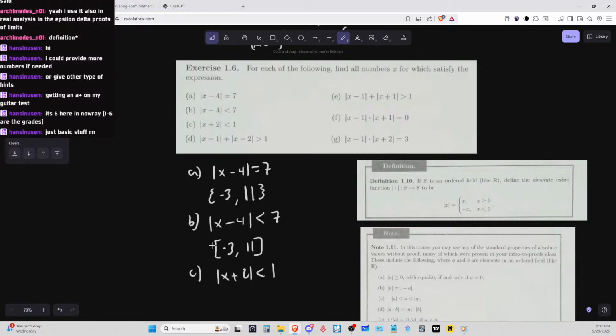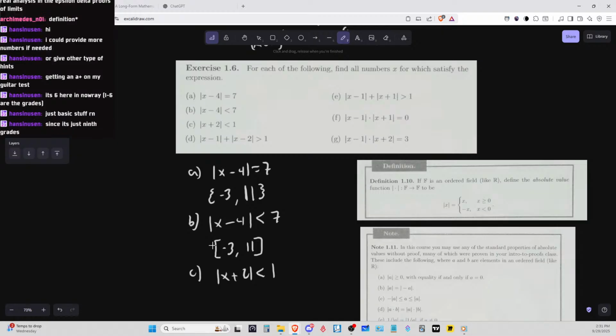I remember in high school, one of my friends played guitar. This is just 9th grade. 9th grade, oh, okay, I see. I mean, how are things in Norway, though, Hans?